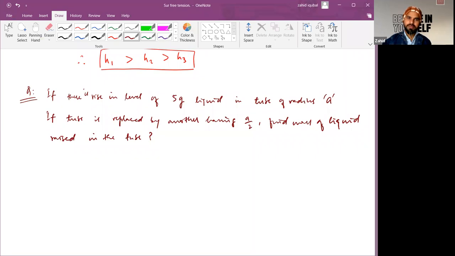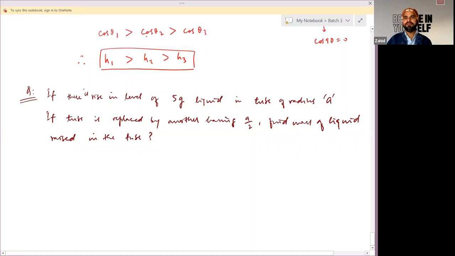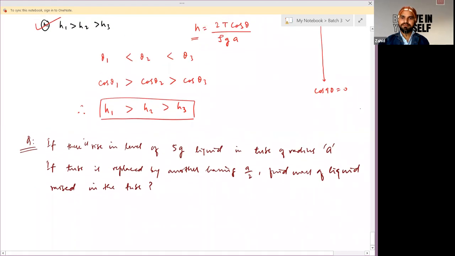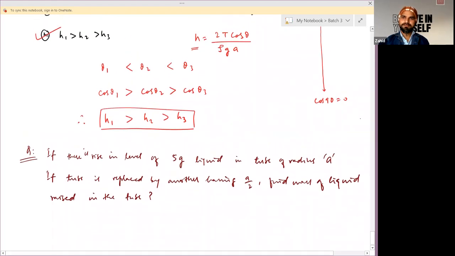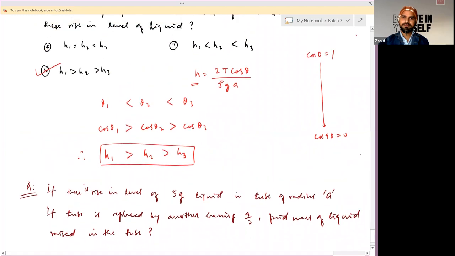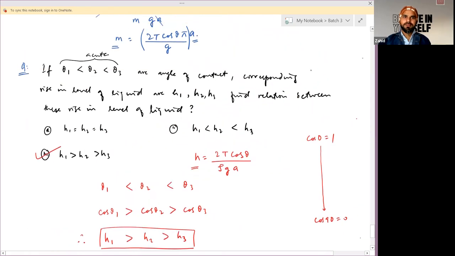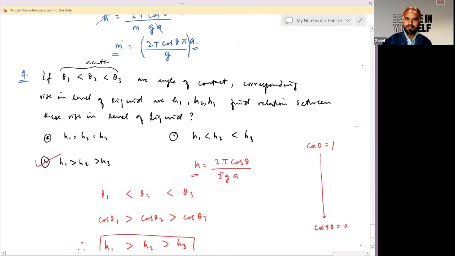Atif, what was the relation between mass and radius for the rising of liquid in a capillary tube? Mohammed Irfan, Reba, just say this part. We had mass directly proportional to the radius of the capillary tube.